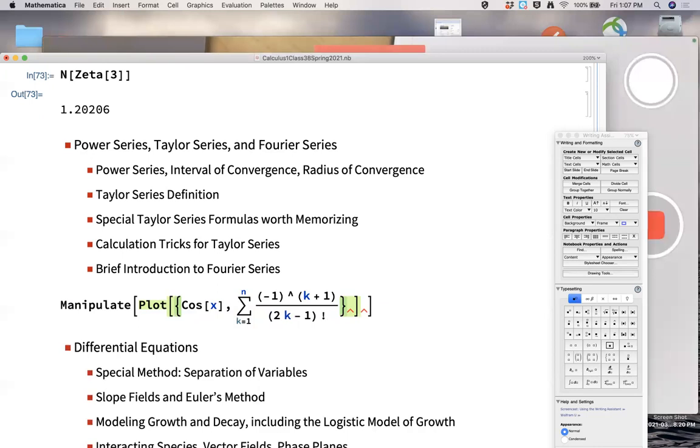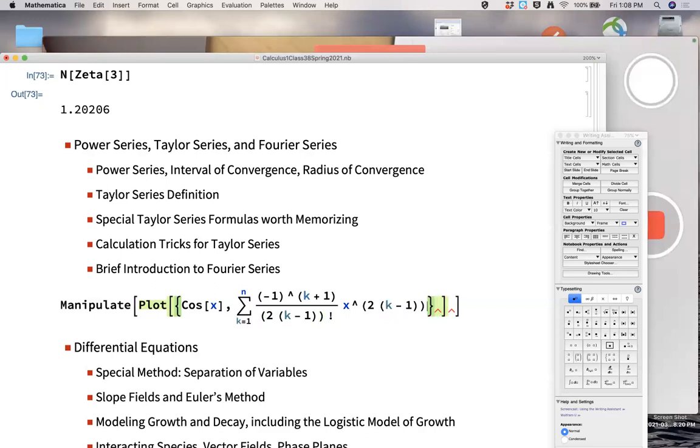I want to do a factorial. Oh no, I think maybe I just want 2. Maybe the k minus 1 should be in parentheses. 2 times k minus 1 factorial. You know the exclamation point in math means factorial. 5 factorial means 5 times 4 times 3 times 2 times 1. And then I think I want x to the 2k minus 1 here.